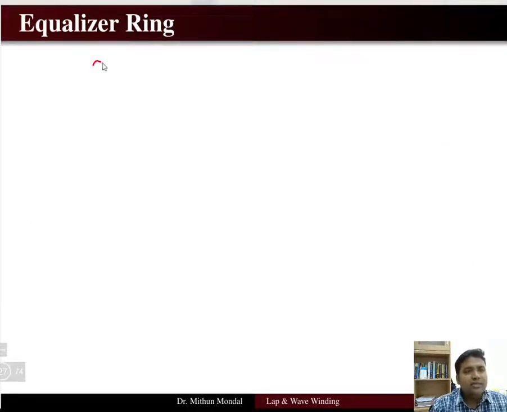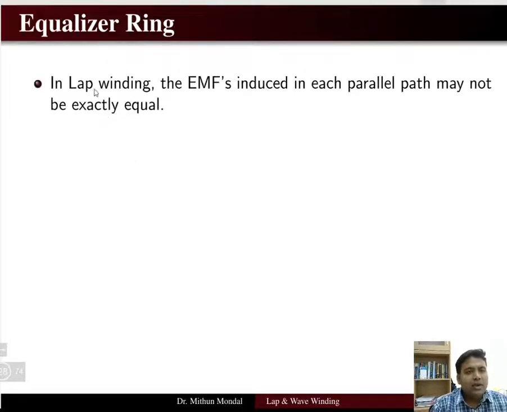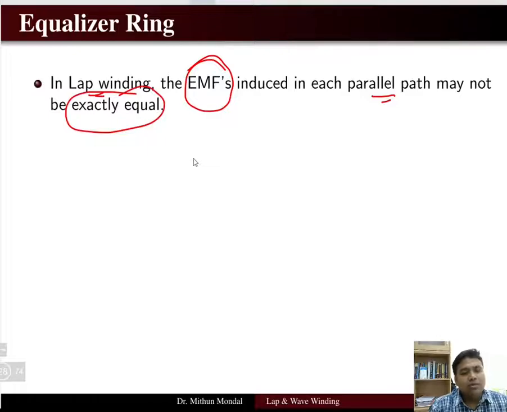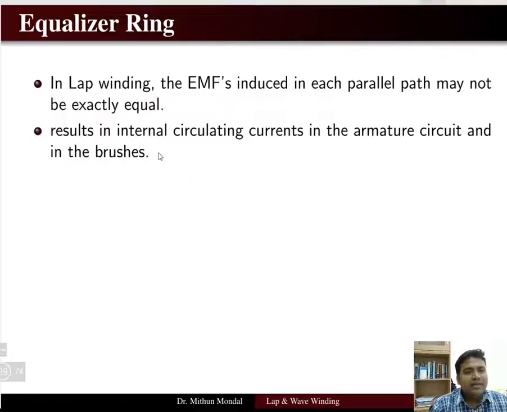Now, what is an equalizer ring and why do we need it? So in lap winding, generally what happens is that the induced EMF in the parallel paths is not exactly equal. Since there are two parallel paths or m number of parallel paths, the induced EMF will not be equal, and then it will result in internal circulating current.